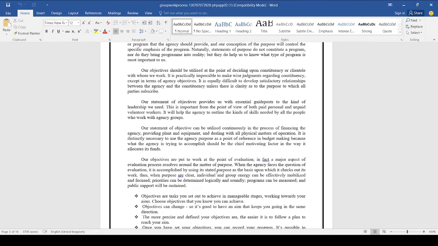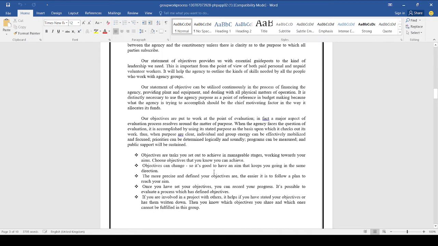It can be effectively mobilized and focused by the group worker with a clear group work objective, and what type of priorities we need, what type of programs can be measured, what type of public support will be sustained. All the stated factors are positively or negatively affected by the social group work objectives.